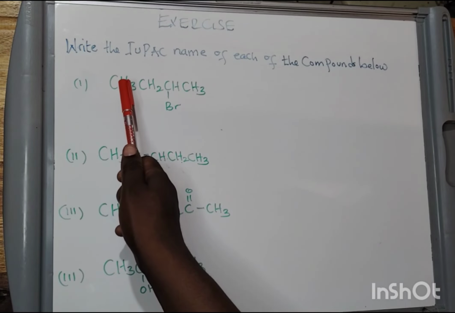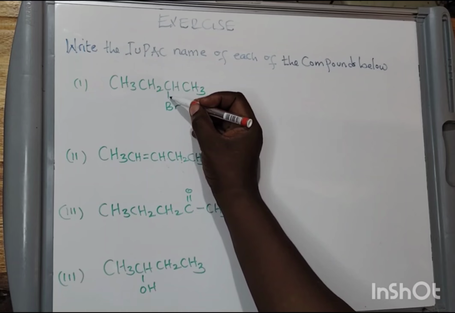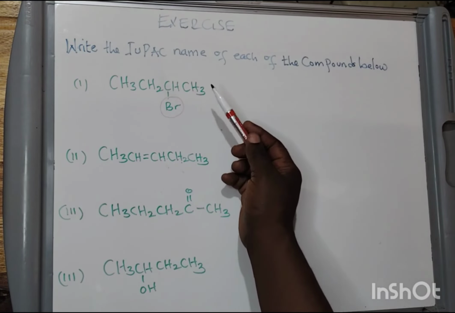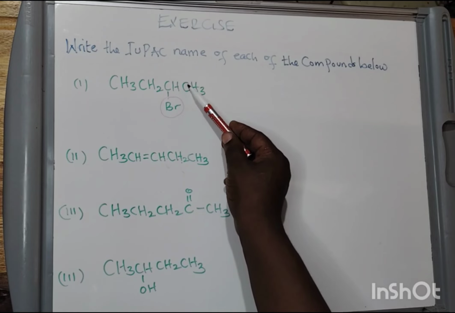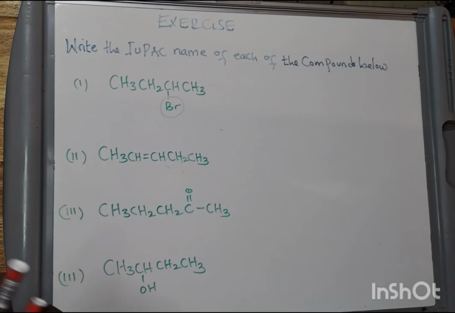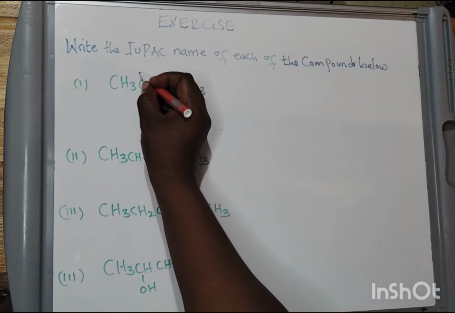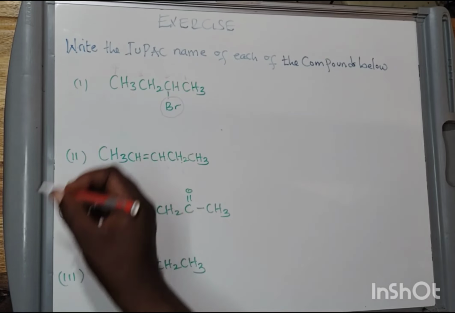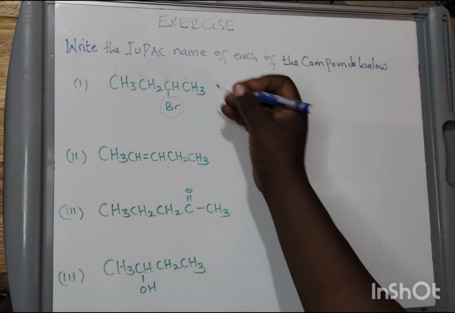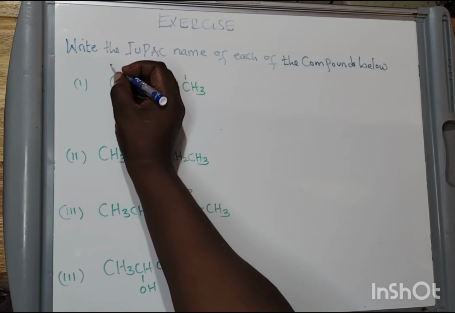If you count from this side, you're going to say 1, 2, 3, because what you are having here is the functional group. And the side which gives it the smallest number is this side, so it's 1, 2. So you say 1, 2, 3, 4. Okay, so it's 1, it's a 2, it's a 3, and a 4.